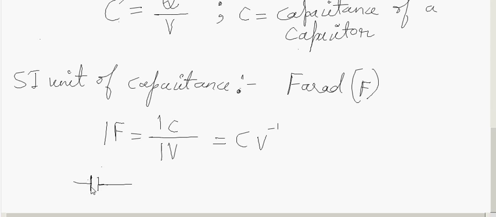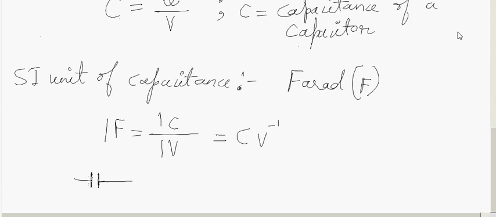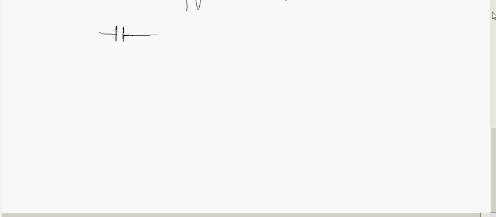So how much electric field this insulator can withstand without breaking will give you the dielectric strength. Because if a breakdown occurs, then it loses its insulating property. So we should apply an electric field in such a way that the insulator does not break down.